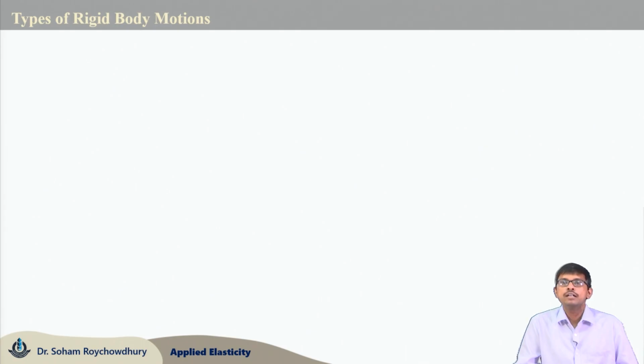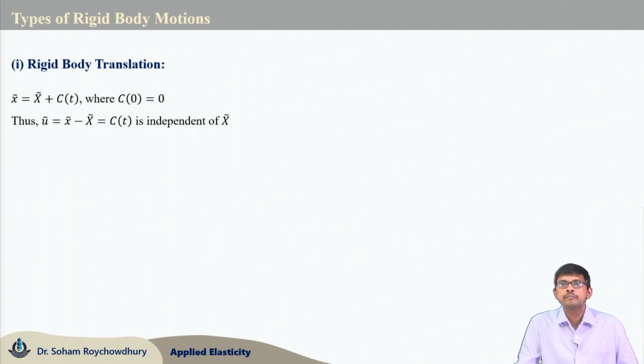Now, coming to the types of rigid body motion. If the body is not elastic, if we consider the body to be rigid, then with the help of the nature of the expression for u, the displacement vector, we can define various types of rigid body motion. We are going to start with rigid body translation, where small x equals capital X plus some function of time, C(t).